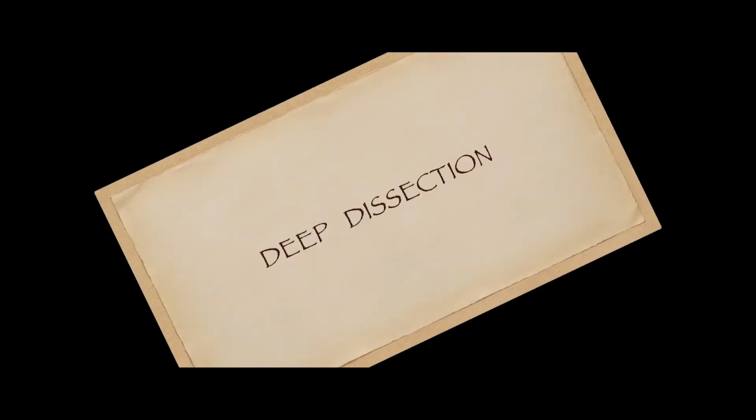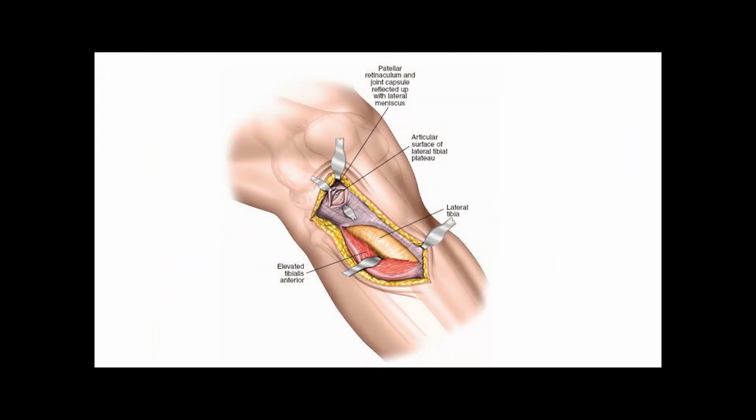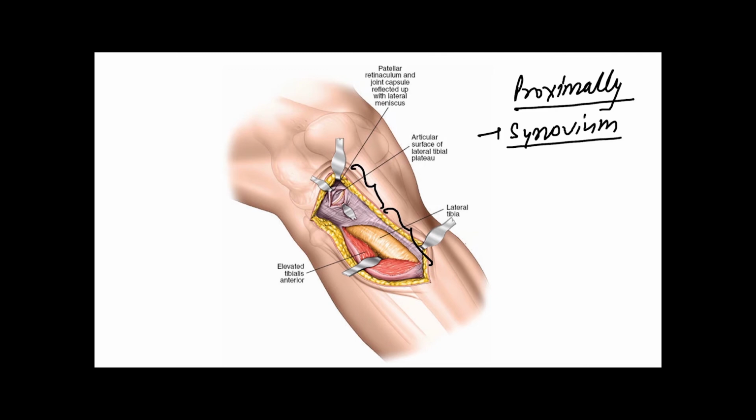Then we will talk about the deep dissection. Similarly, deep dissection proximally and distally. Proximally, after we cut the capsule and expose the synovium, then we first will have to tag the lateral meniscus.